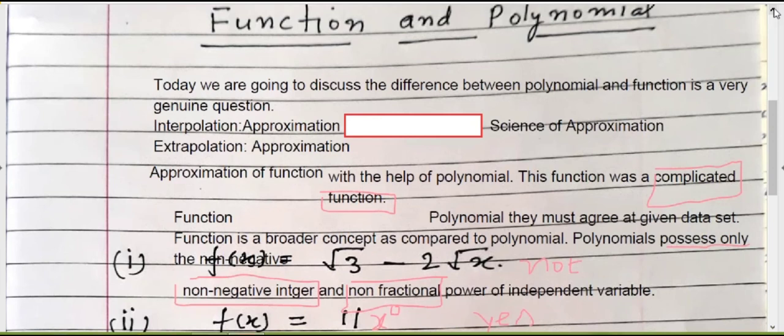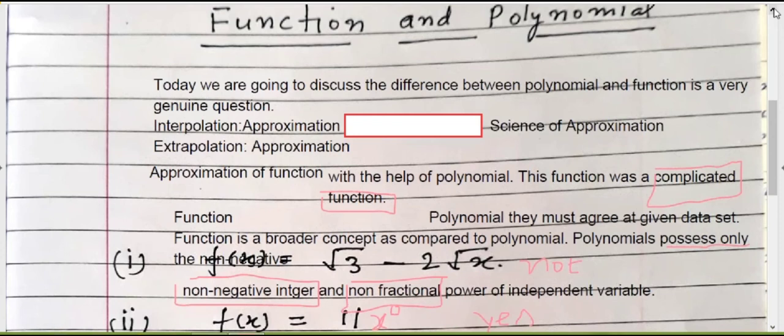We discussed with numerical examples, and we came to the conclusion that function is a broader concept as compared to polynomial. I mean to say the polynomial is nothing else but a conditioned function. When we impose certain conditions on the function, then the function turns out to be a polynomial.